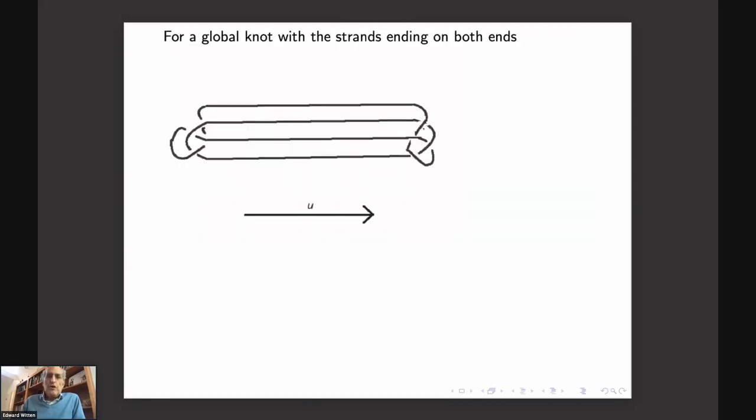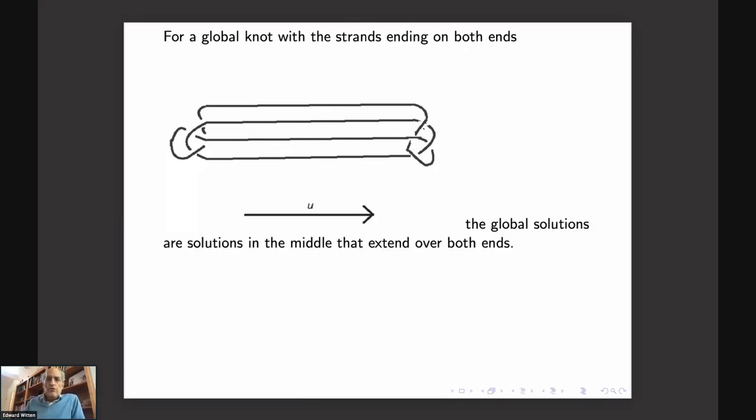Now, if we have a global knot with the strands that end on both ends, I keep saying knot, but it could be a link. A global embedded one manifold that looks like this, where the parallel strands are terminated at both ends. The global solutions are simply the solutions in the middle that extend over both ends.